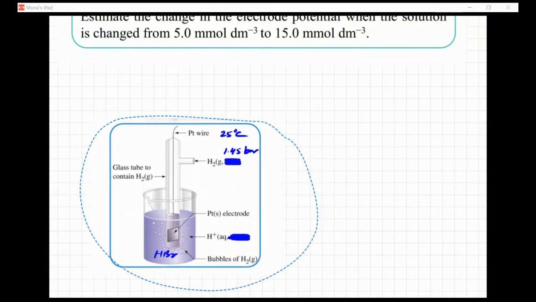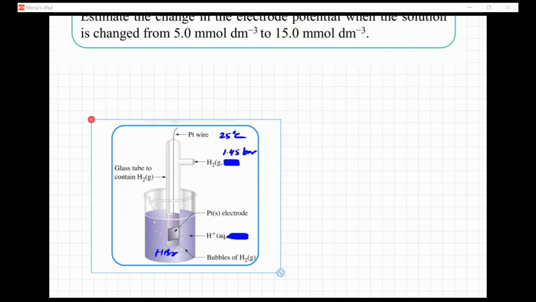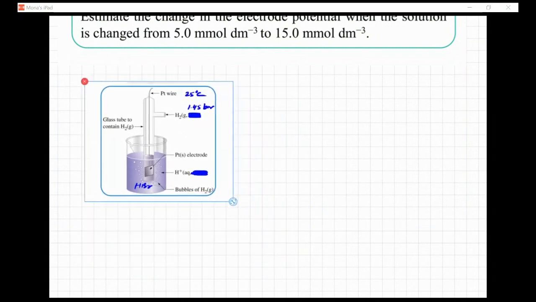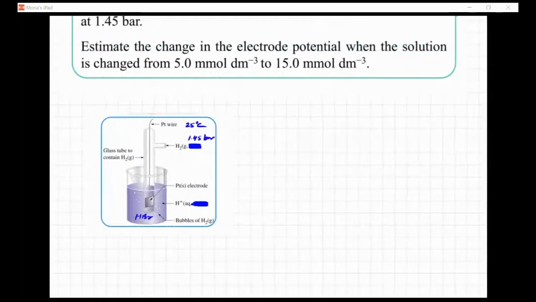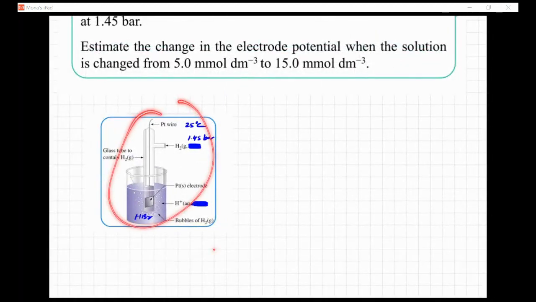This is my hydrogen electrode. I have placed it in a solution of HBr with a concentration of 5 millimole per decimeter cubed.